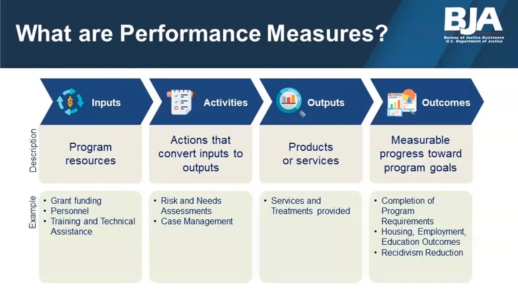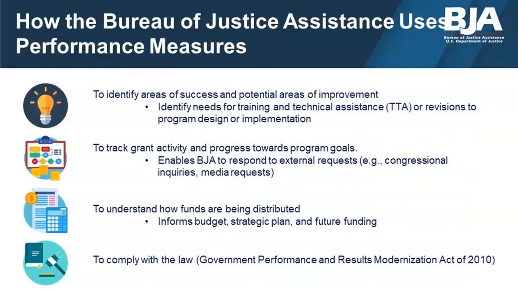Outcomes are longer term or more bottom line, such as the number of participants who completed a set of requirements or obtained certain outcomes. And much longer outcomes include reduction in recidivism experienced by your program participants. Information in the PMT helps BJA understand progress, respond to Congress and the media, secure future funds, and provide accountability required by law.